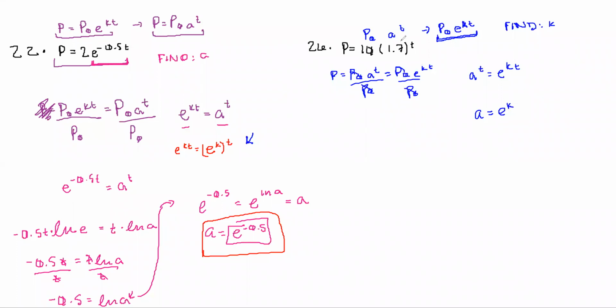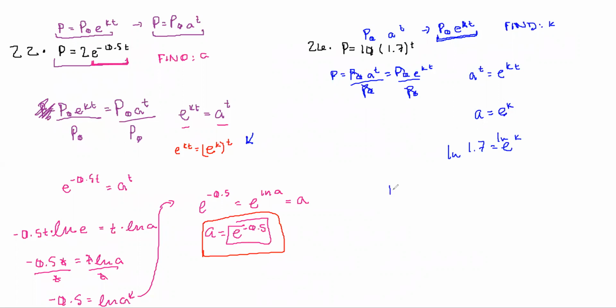So if I have a, and e is just a number, right? E is like 2 point something, 2.71. Then what can I do? Take the natural log. Yeah. So I'm going to go ahead and substitute this in. This will be 1.7 is equal to e to the k. I'll take the natural log of both sides.